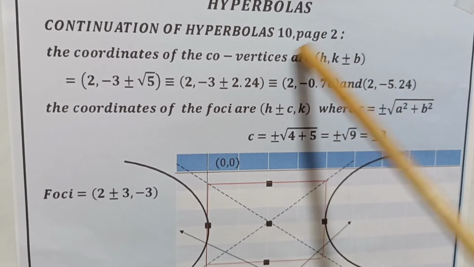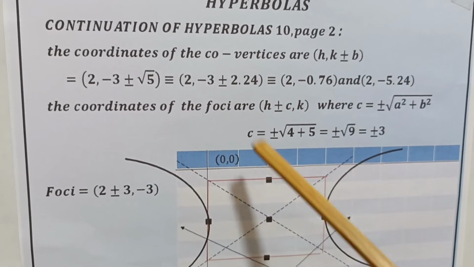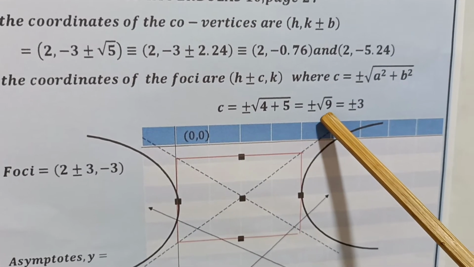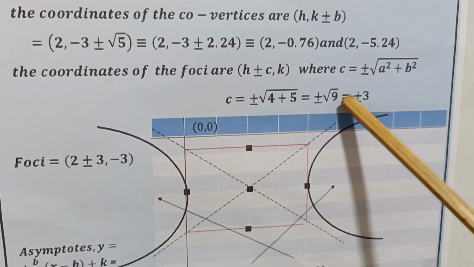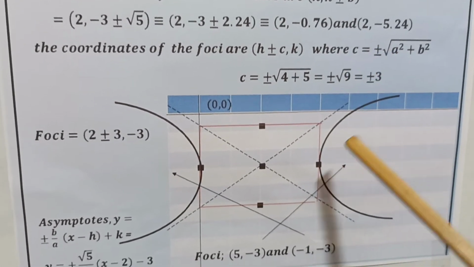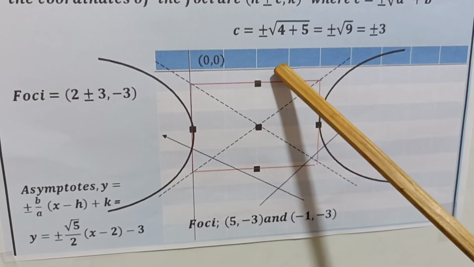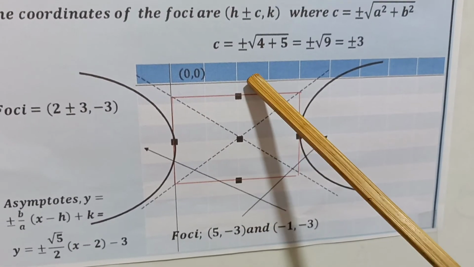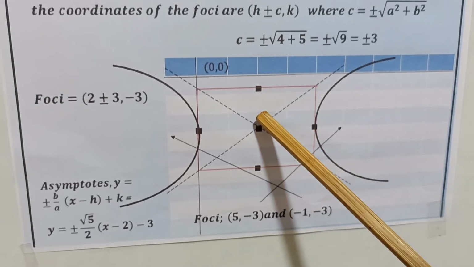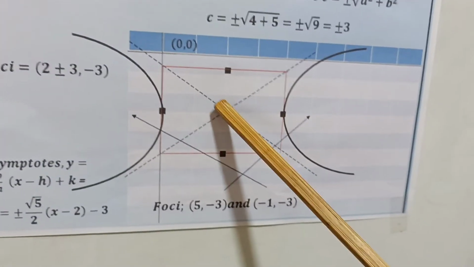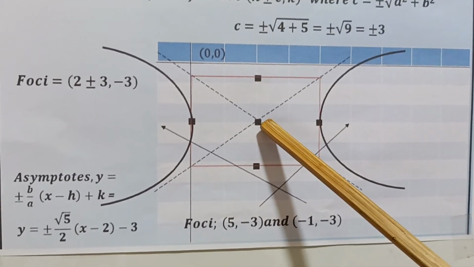So after computing all these unknown terms, we graph. The center is at 2 and negative 3. This one is 1, 2, and negative 3. So this is the center of the hyperbola.